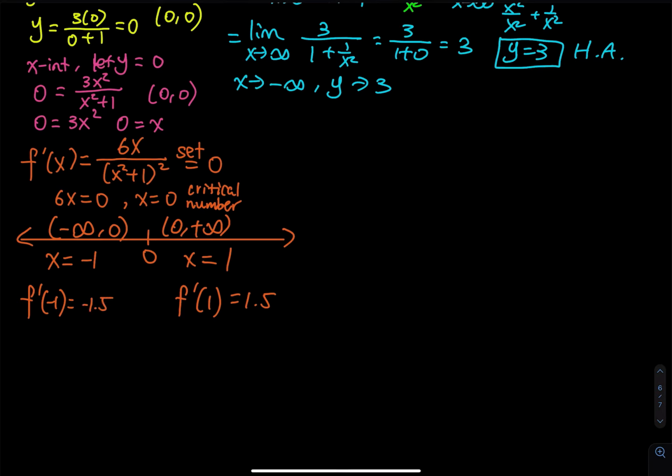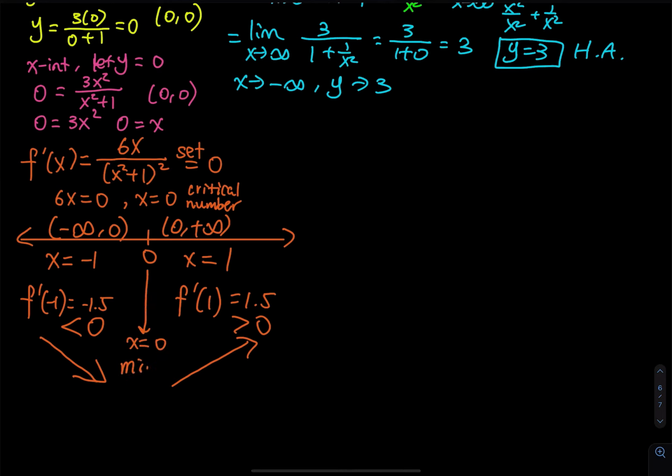So we have a negative slope and a positive slope, therefore x equals 0 is a relative minimum. When x equals 0, y equals 0, so (0, 0) is my relative minimum and the x and y intercepts.